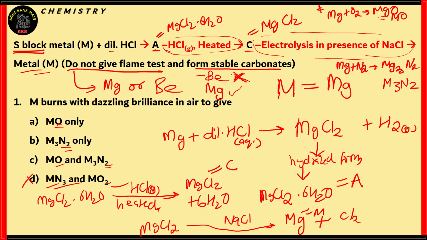Option A says it will produce MO only. Option B says it will produce M3N2 only. Options A and B are incorrect, because we know that it can produce both MO and M3N2 at least. Option C says it produces MO and M3N2, so therefore option C is the correct answer for this question.